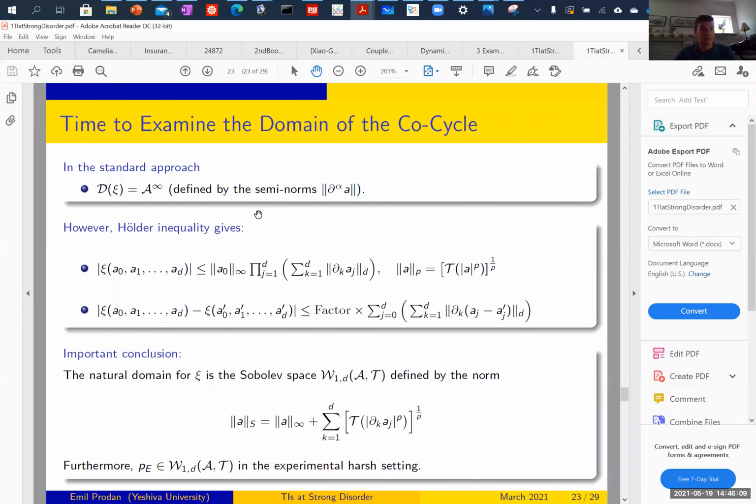No, it's just, let's say, a simple observation that indeed, if you try to bound the cocycle or the cycle, you need all the parts of the Sobolev norm.